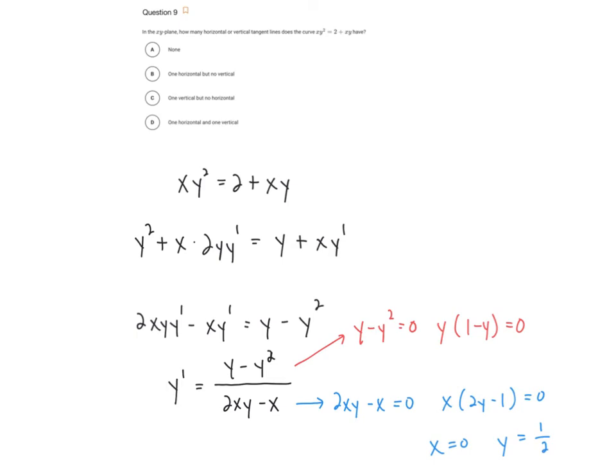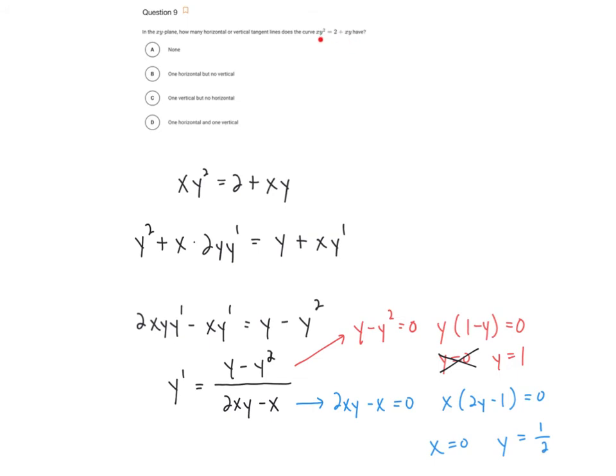Okay, let's see. Hold on. This one's kind of tricky actually. From the first one we got y equals 0 and y equals 1. So y equals 0 is no good because if you look back at the original, there's no point on this curve where y equals 0.